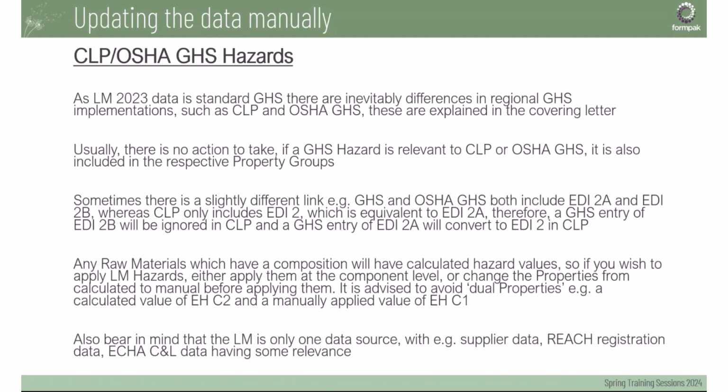It's also important to remember that the labelling manual is only one data source. So it's not legally binding. You don't have to apply the labelling manual classification. It's valuable because it goes some way to aligning our industries together.